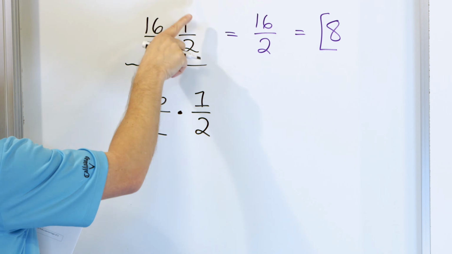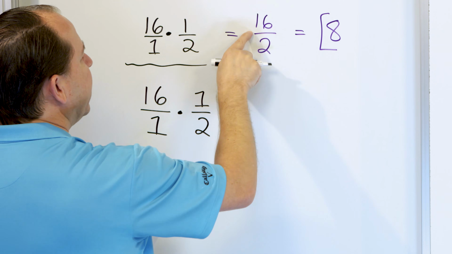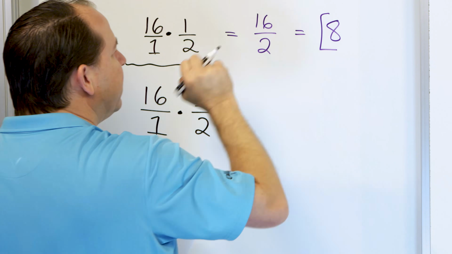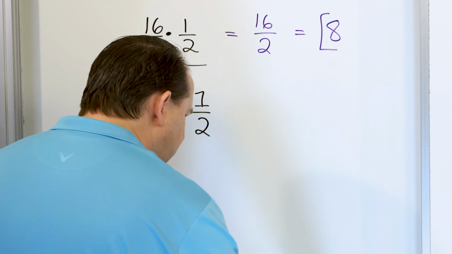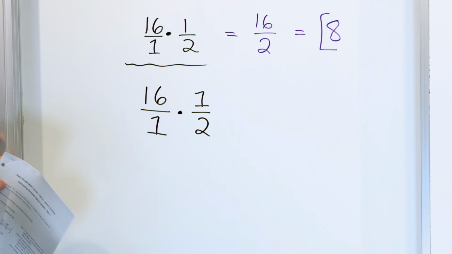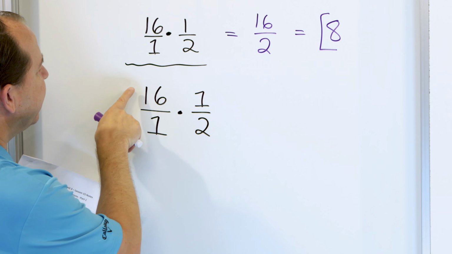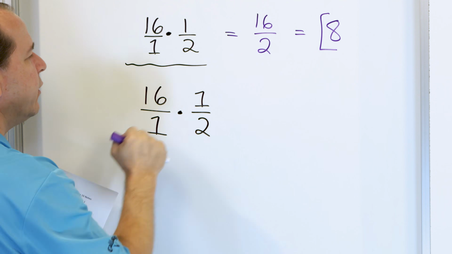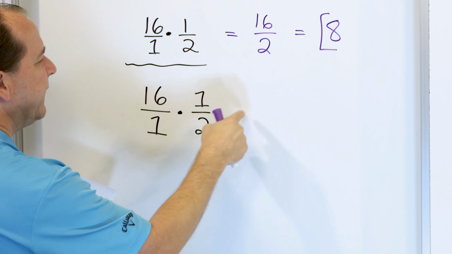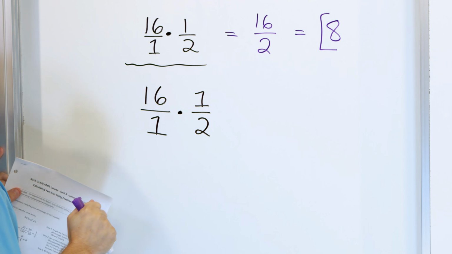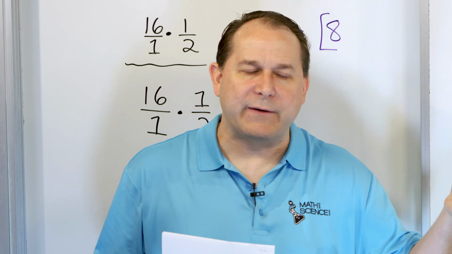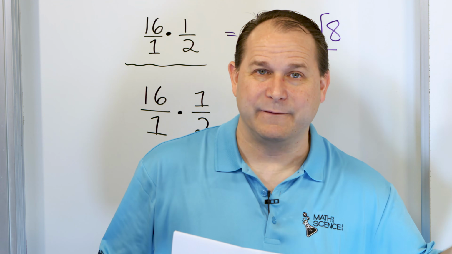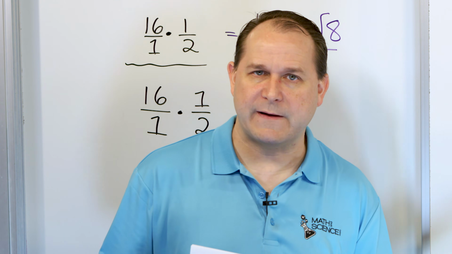Notice that we multiplied, and then when we got to this point, we divided, and then we got an 8. All right? What you need to realize is that when you're multiplying fractions, the 16 will be multiplied by the 1 over there, and then the 1 will be multiplied by the 2 over there. That's all correct. And when you multiply the fraction, you simplify the answer. You always multiply fractions and simplify the result.